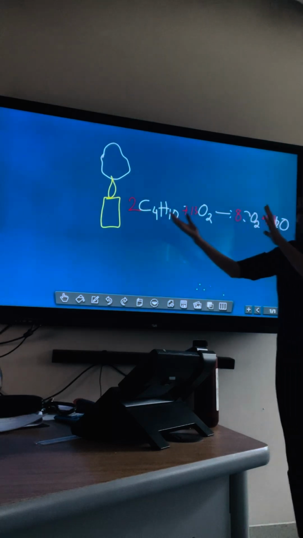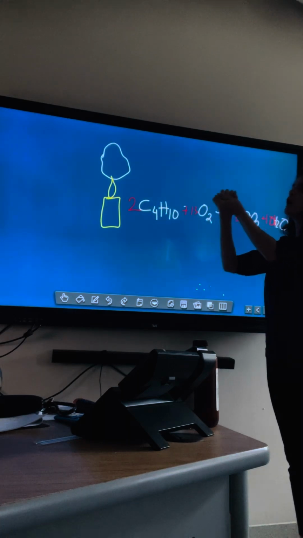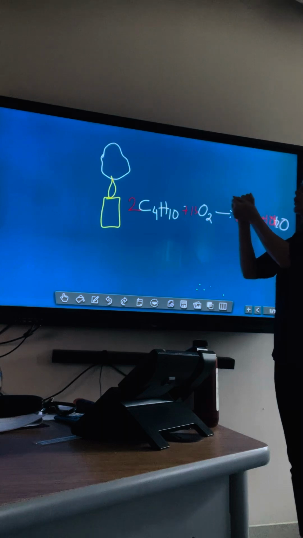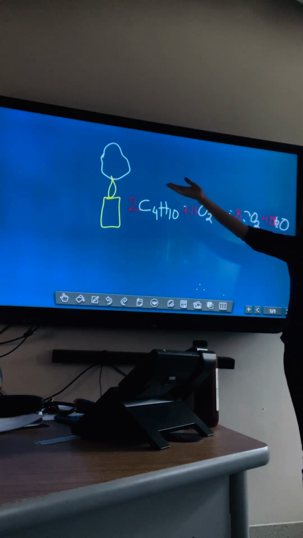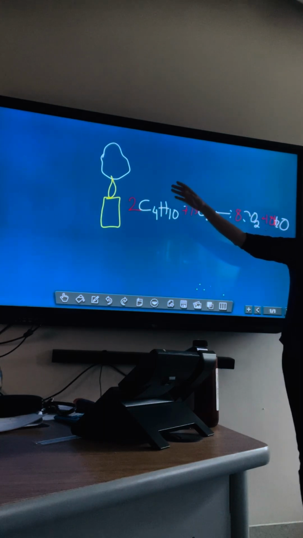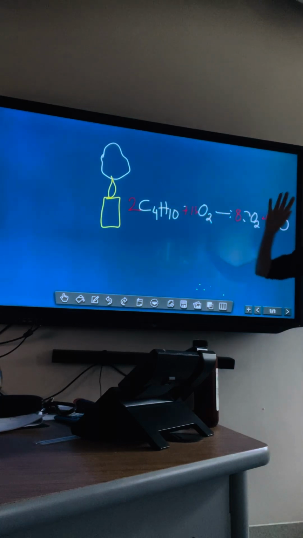And if you have 2 moles of butane and 30 moles of oxygen very close together right there, those are going to combust and they're going to make this. The chances of that happening with just the 21% oxygen, or if you are exhaling, you inhale 21, exhale 16, right? It's not likely that you're going to get complete combustion. Just not going to happen.